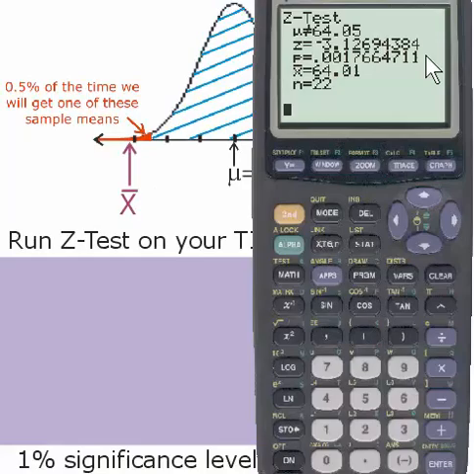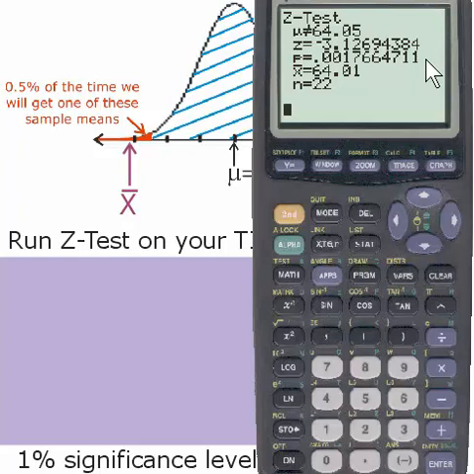The fourth line tells us the probability of how unusual this would be if the null hypothesis were true. In other words, the p-value. There is only a 0.0018 or 0.18% probability of getting a sample mean this far away or farther if the null hypothesis is true.